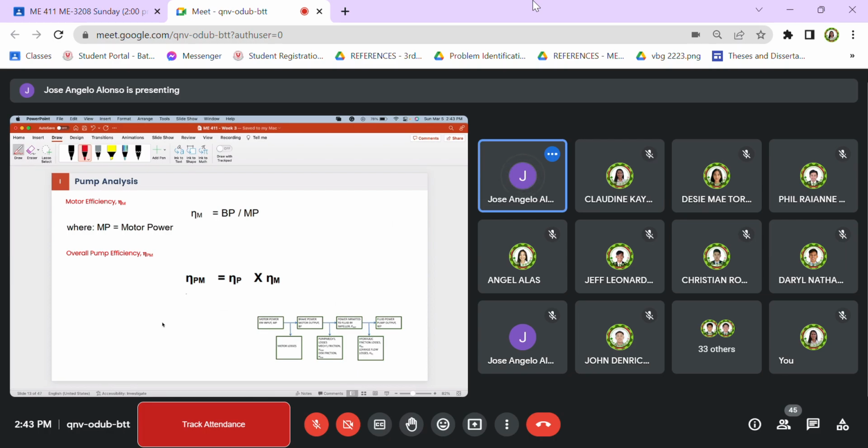Okay, so for motor efficiency, since the output ng motor is the brake power and input ng motor is the motor power, and we know that calculating efficiency is equivalent to output divided by input, then motor efficiency will be this brake power divided by the motor power.